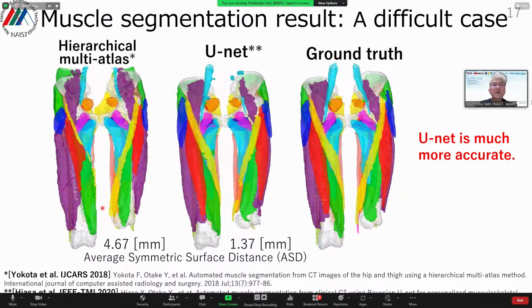This method was not very bad, but in this case, it's very difficult, so the result was not very good. For example, look at this red muscle. This muscle is very close to ground truth with the deep learning UNet method, but with the non-deep learning method, the result may not be very good. Also, in quantitative evaluation, the error was on average 4.7 millimeters, here 1.37 millimeters. So the deep learning method is much more accurate.